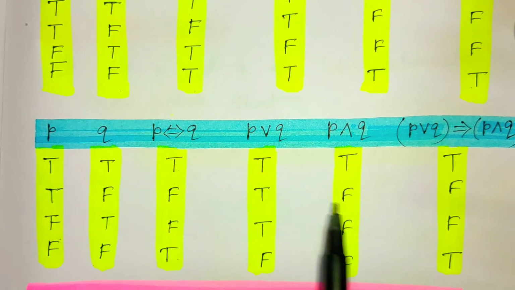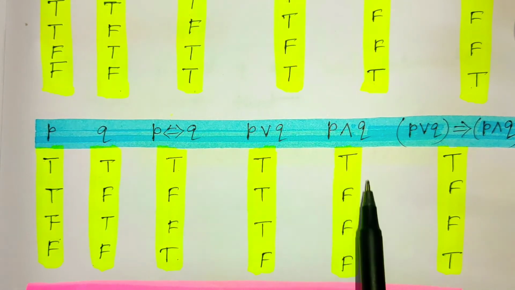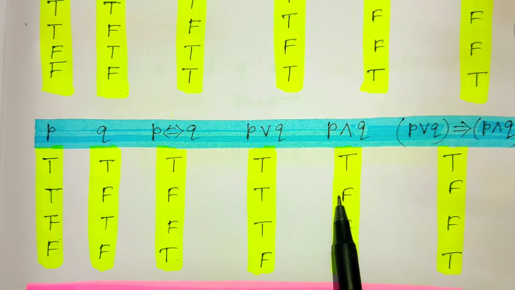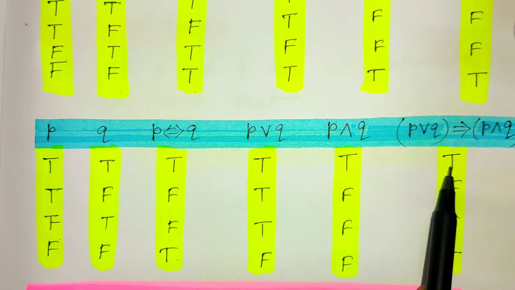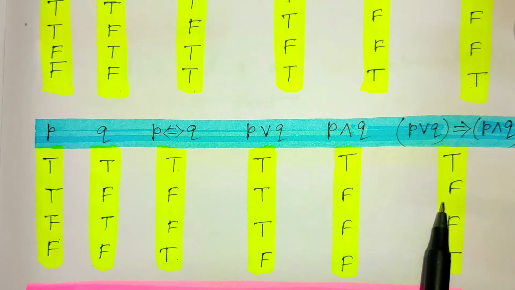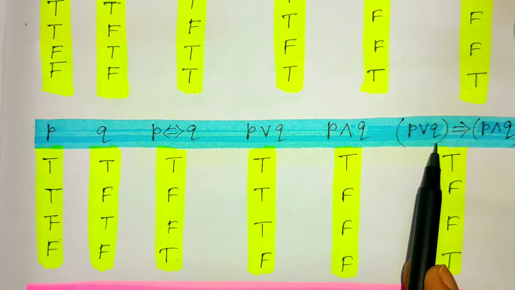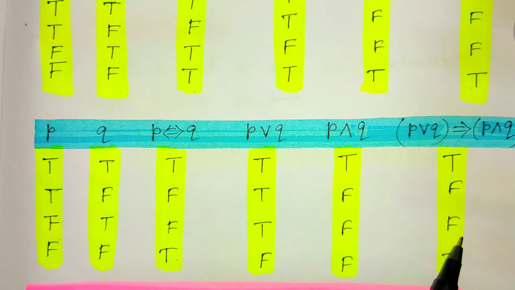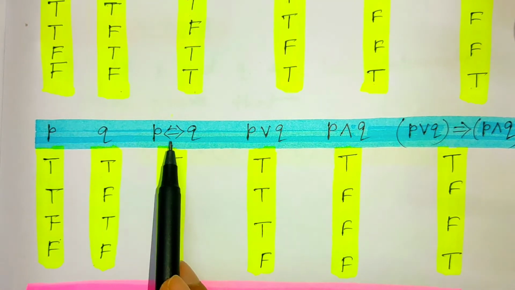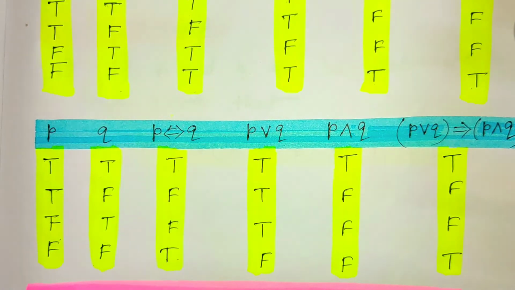So if we combine them by the conditional operator, true implies true is true, then true implies false is false, again true implies false is false, and false implies false is true. So this is the truth value for that expression, and it is exactly identical with P biconditional Q. So these two are again equivalent.